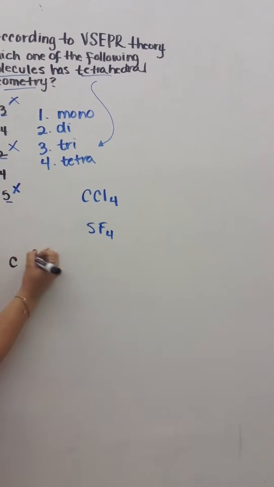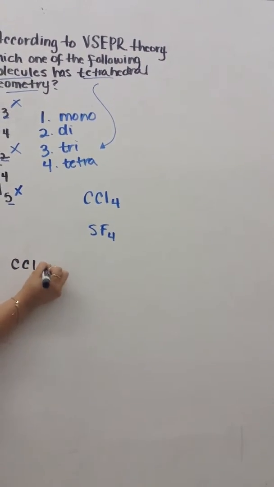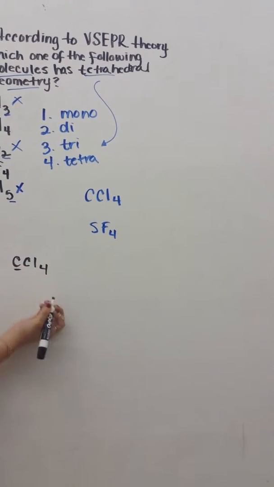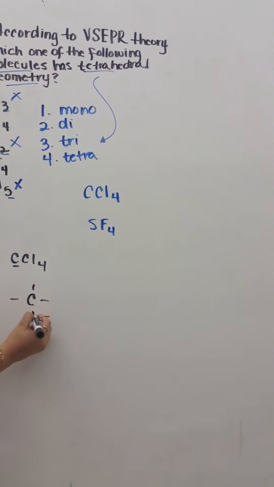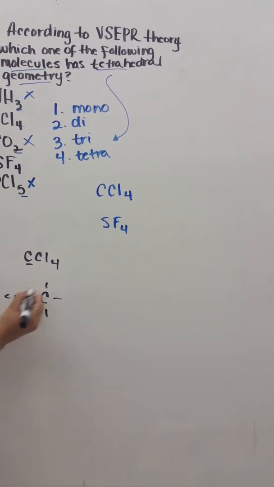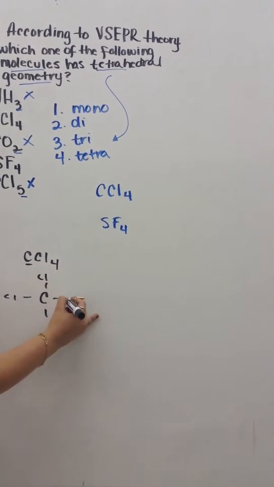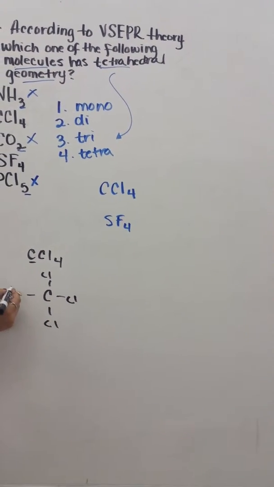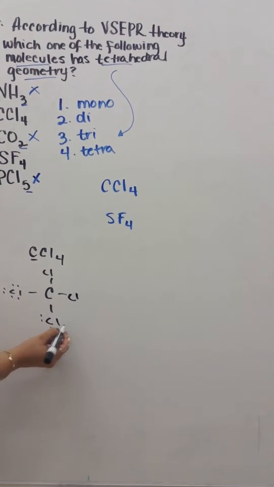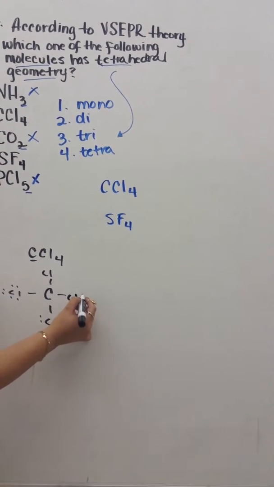So CCl4 would be carbon as your central atom and bonded to 4 chlorines. Do your lone pairs. Remember to follow the octet rule.